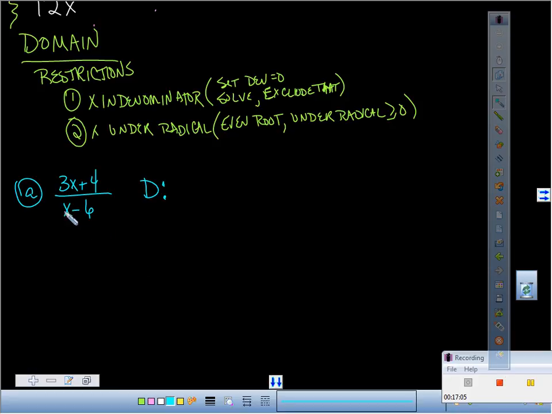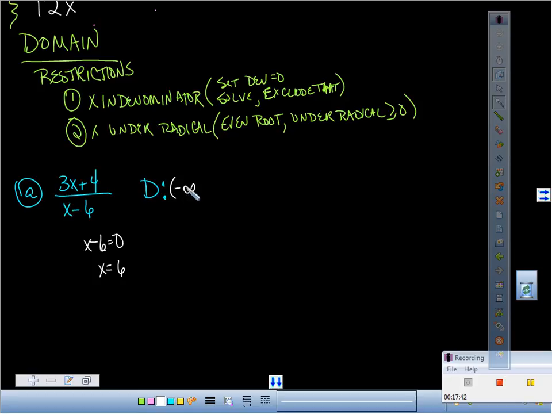So, I have an x in the denominator. You take that denominator, set it equal to 0, and solve for x. When x is 6, what do I get in the denominator? 0. So what do I have to do with that? So what is my domain? Interval notation.